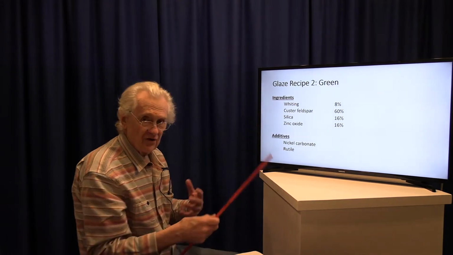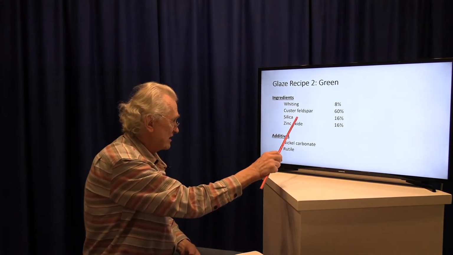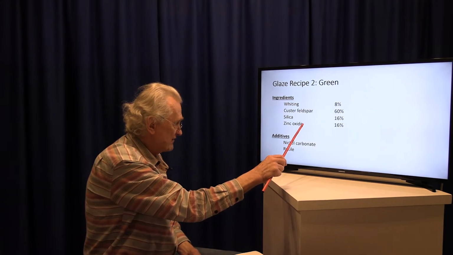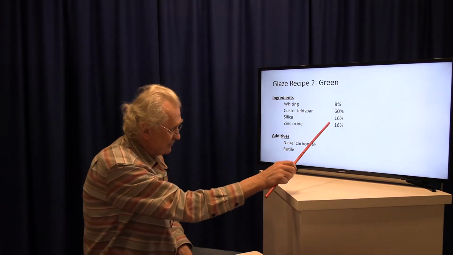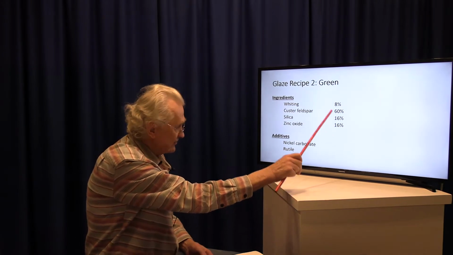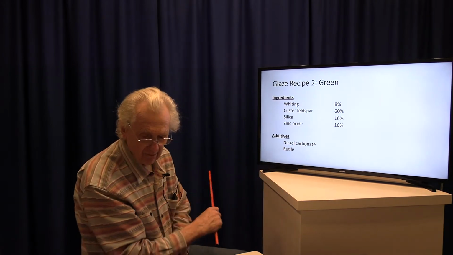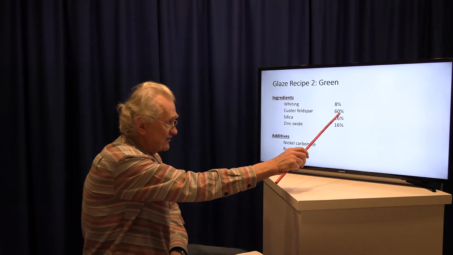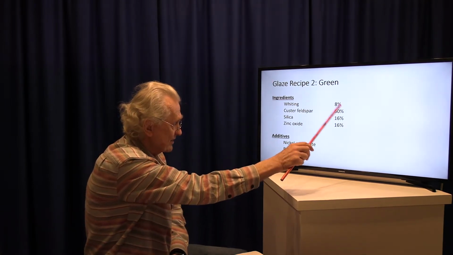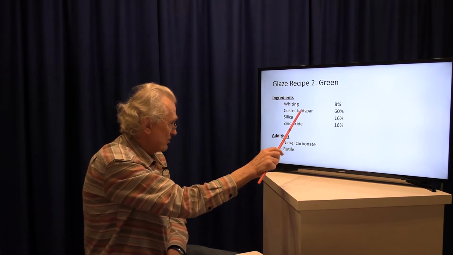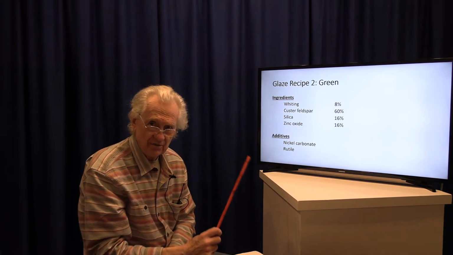So all those comments that I made before about these being higher temperature fluxes, but now we've got zinc oxide, and zinc oxide is a lower temperature flux. And that's a reasonable amount, 16%. So just looking at that, I could probably guess, and also the Custer feldspar has increased from the previous one. The previous one was lower. So I've got more Custer feldspar, and now I've got a new flux, a lower temperature flux.